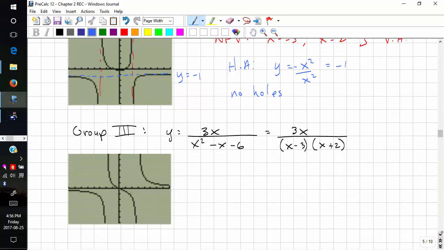Last one. We factor, and there's nothing that cancels out. We have NPVs: x equals negative 2, x equals 3, and we get that from these two factors. So we have negative 2 and 3.